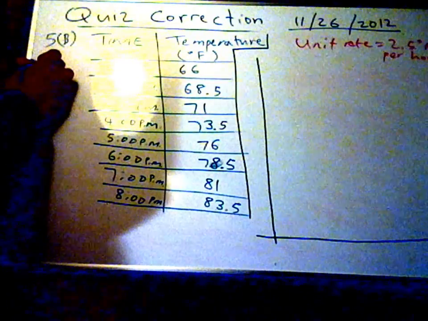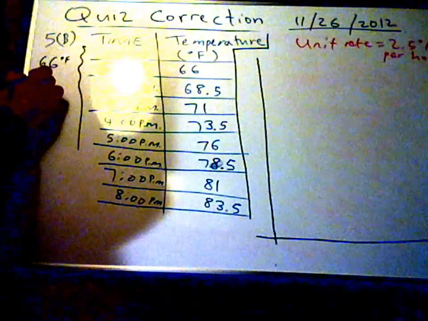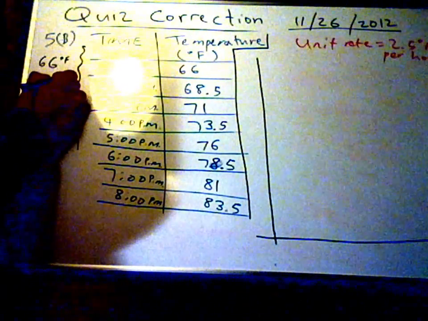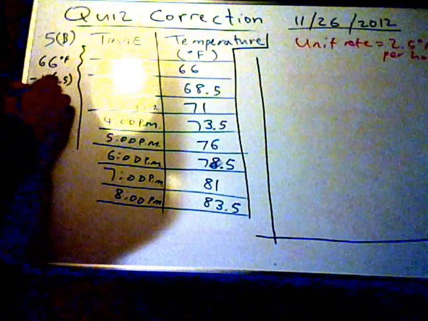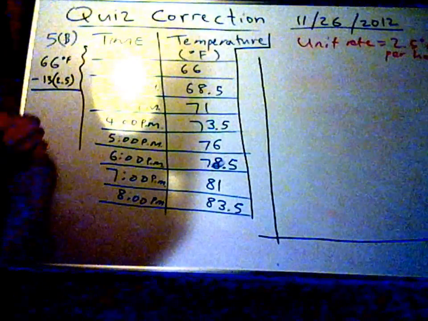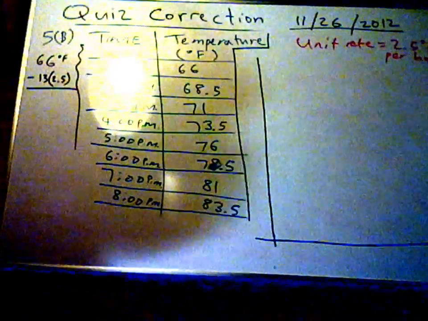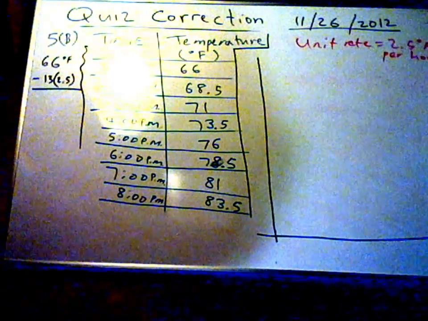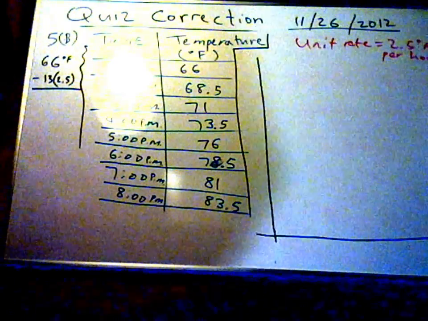So let's say I have 66 degrees Fahrenheit, okay? And I want to take away 13 times 2.5. I'm actually going to use my calculator. I can do it by multiplying it long, but for time's sake, I'm going to use my calculator.